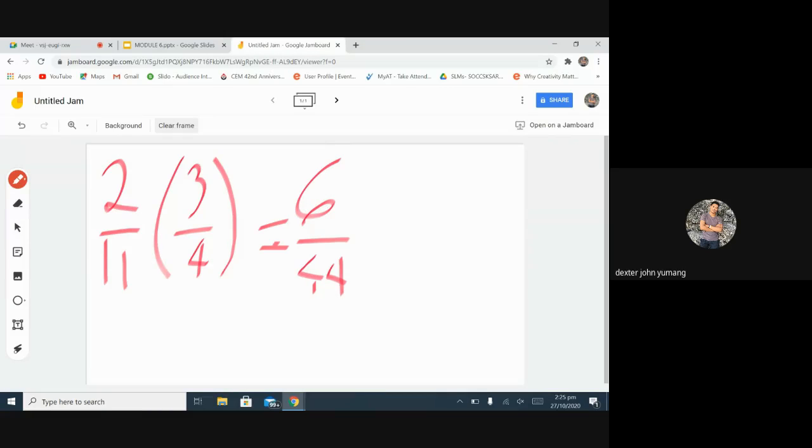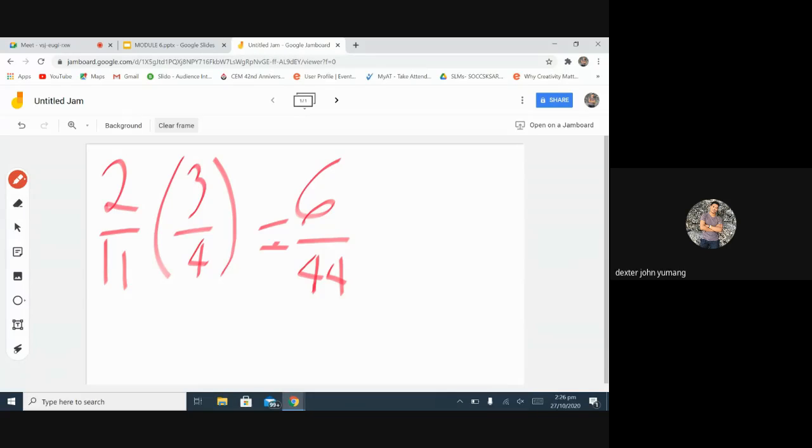So tama bang sagot nyo? Yes or no? Type on the chat box. Yes daw, tama. Pero ang tanong ko, tama ba ang sagot ko na 6 over 44? Yes or no?